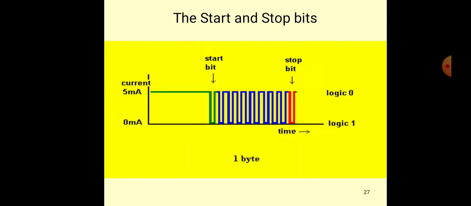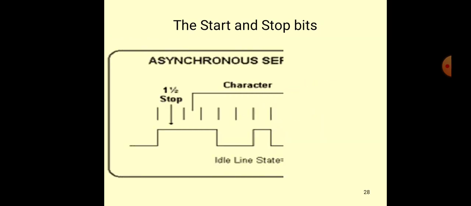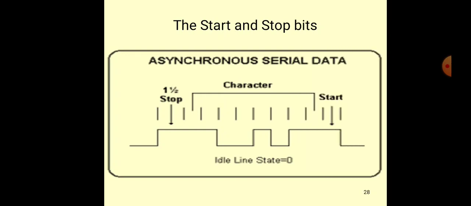So 1 byte consists of start bit, stop bit and the data. Logic 1 and logic 0 will be indicated. Asynchronous serial data consists of a start bit, the idle line state is 0, and the character that has been given.